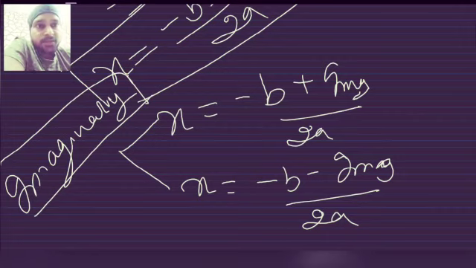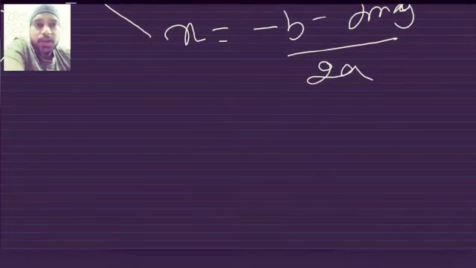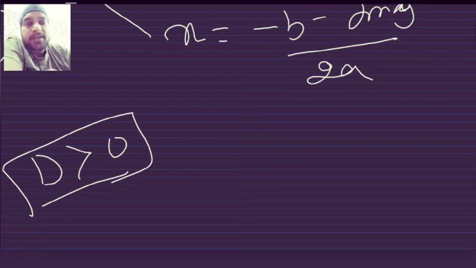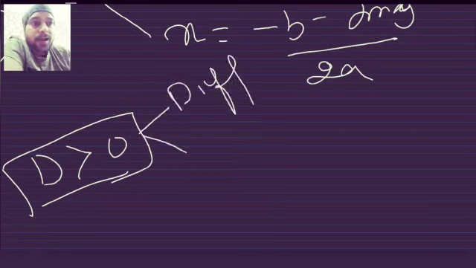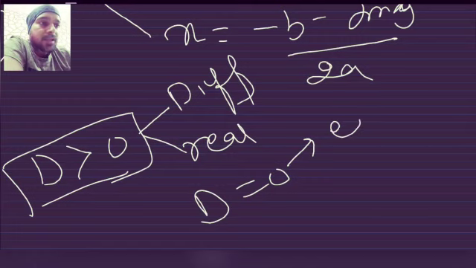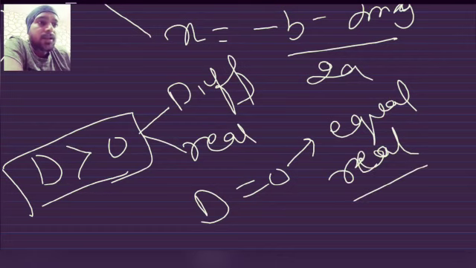So you got the points: where the roots are imaginary, where the roots are equal, where the roots are different. When the discriminant is greater than 0, the discriminant is a positive value, and here the roots are going to be different and real. When the discriminant is equal to 0, the roots are going to be real and equal.